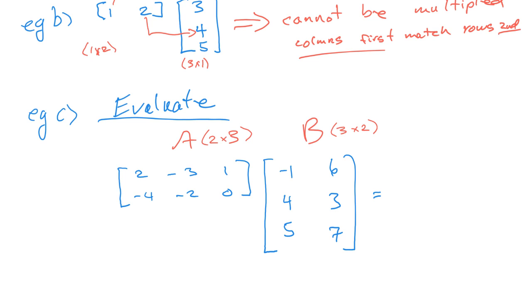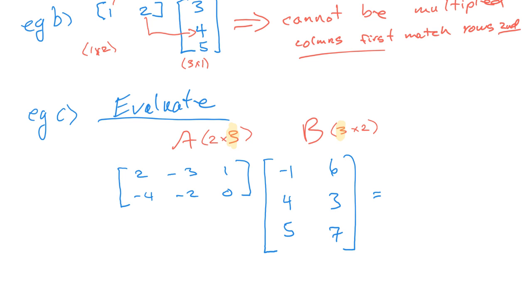I told you originally that if we're multiplying, these inner numbers of columns and rows must be the same in order to compute the final answer.